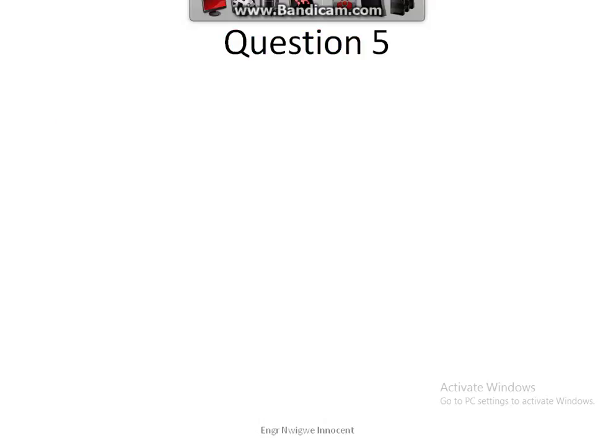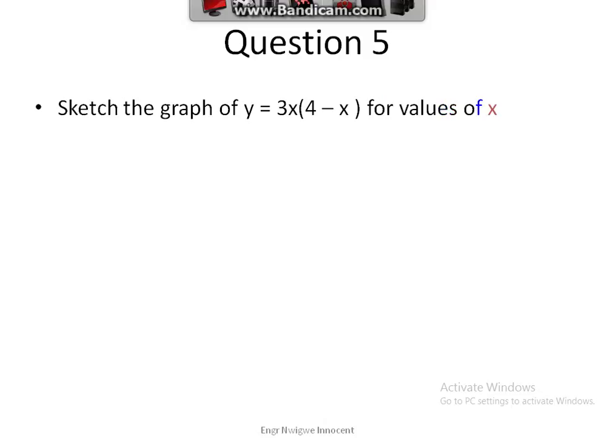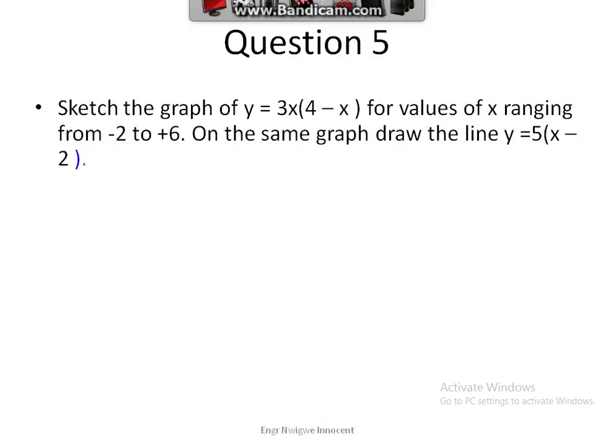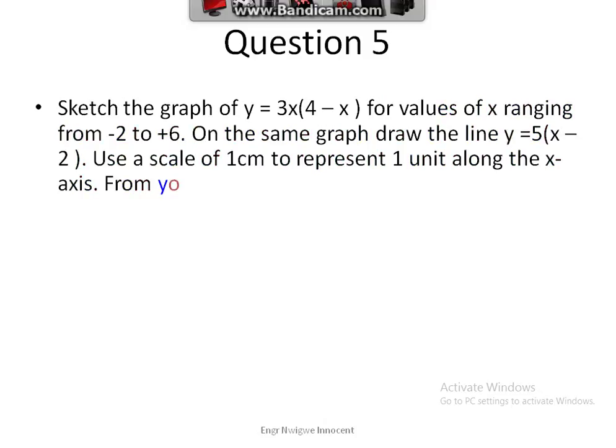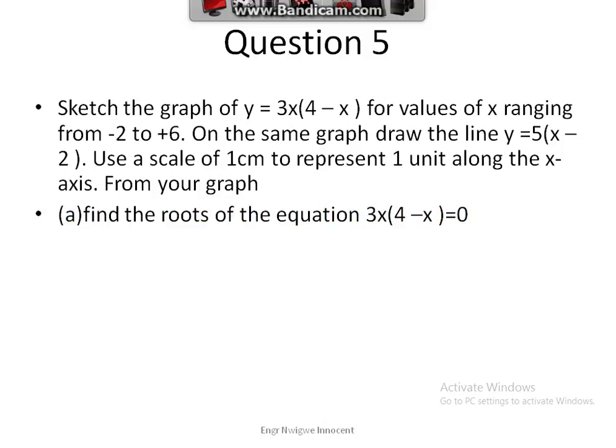Question 5. Sketch the graph of y equals 3x(4 minus x) for values of x ranging from minus 2 to plus 6. On the same graph, draw the line y equals 5(x minus 2). Use a scale of 1 cm to represent 1 unit along the x-axis. From your graph, A, find the root of the equation 3x(4 minus x) equals 0.